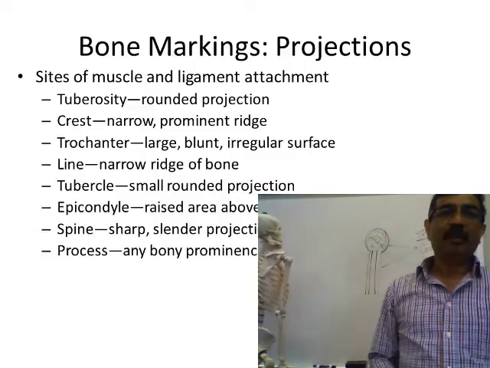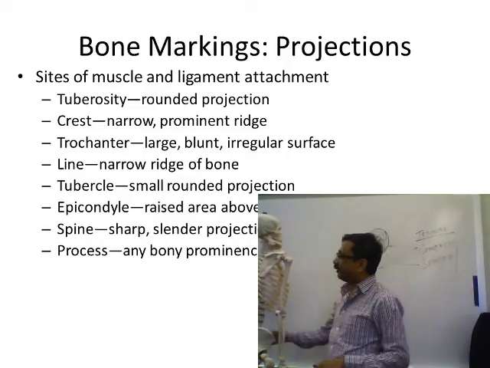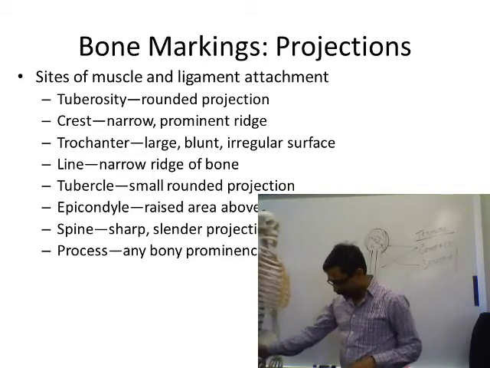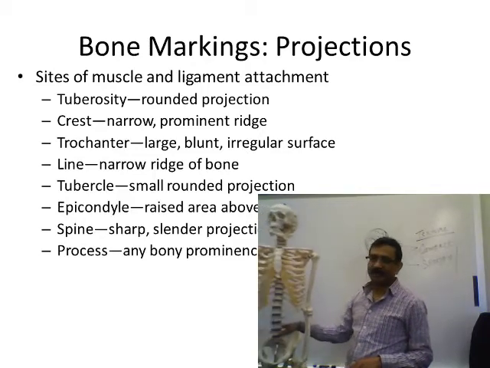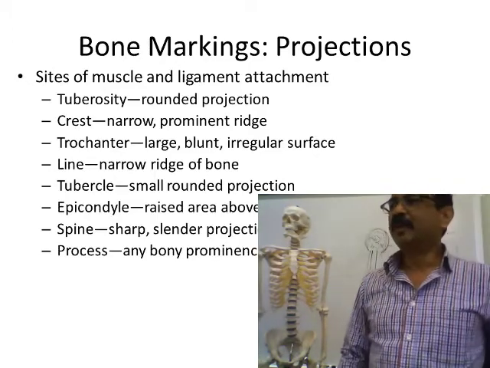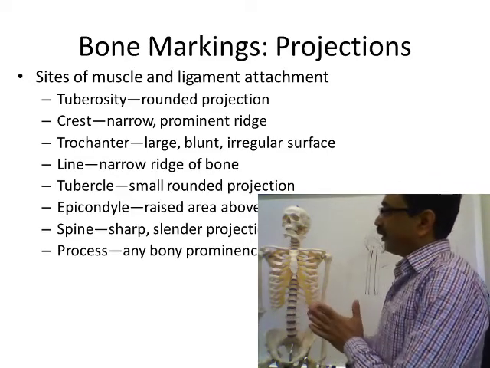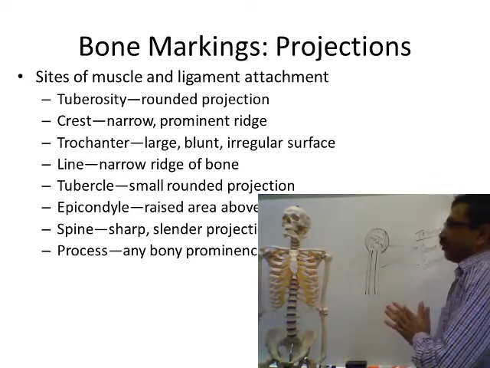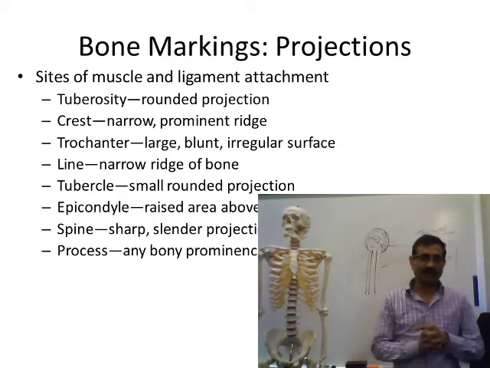Okay, markings on the bone. On the surface of the bones, you will see many different types of structures. Some of those structures are for the attachment of the muscles and ligaments.